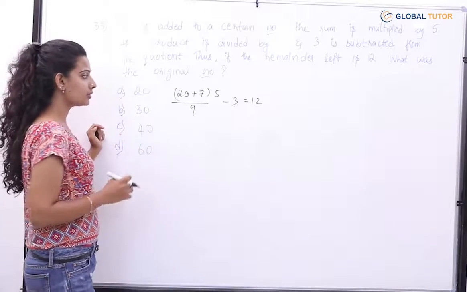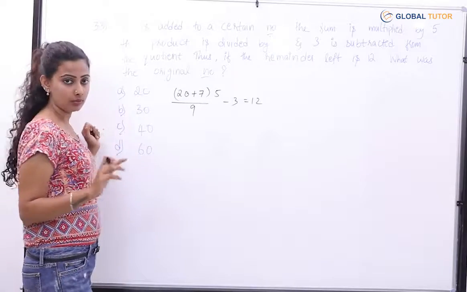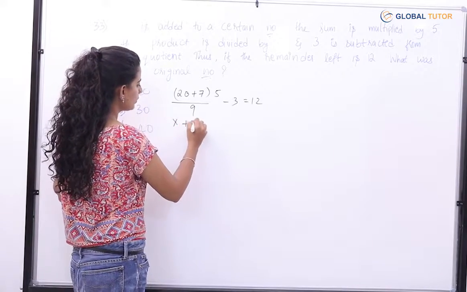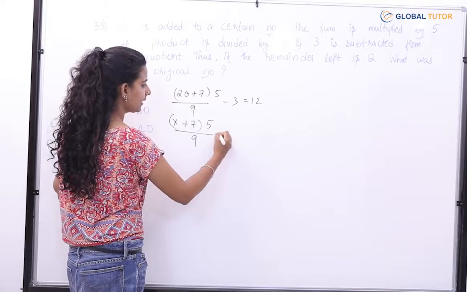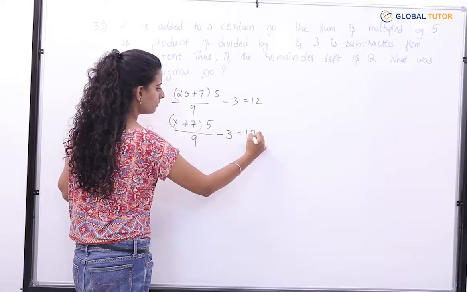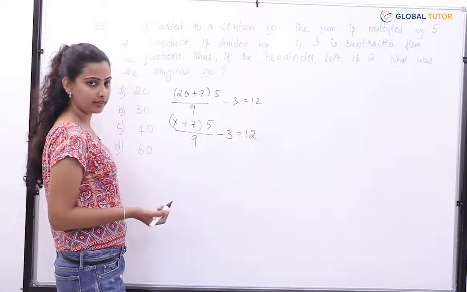However, that's not the way to do it. Now here they say 7 is added to a certain number. Let that certain number be x. So it will be x plus 7, into 5, divided by 9, then subtract 3 and then you get 12. Now let us simplify this to get the answer.